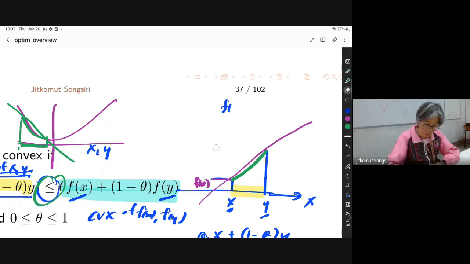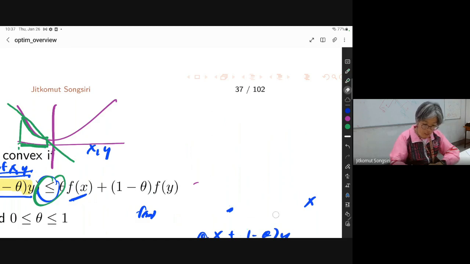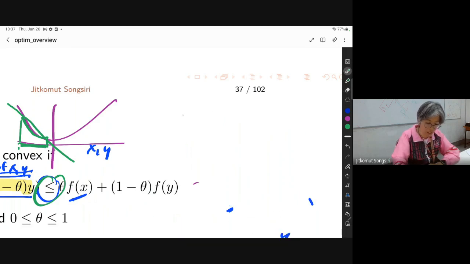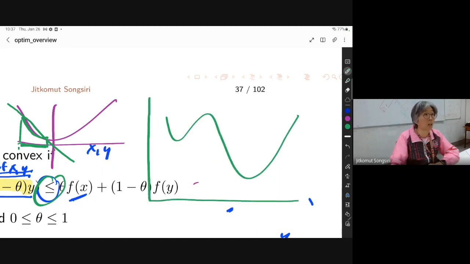Now let's take a look at some non-convex function and see why it violates this condition. This is an example of a non-convex function. If I pick x and y to be this pair, you will find some pair of x and y, right?